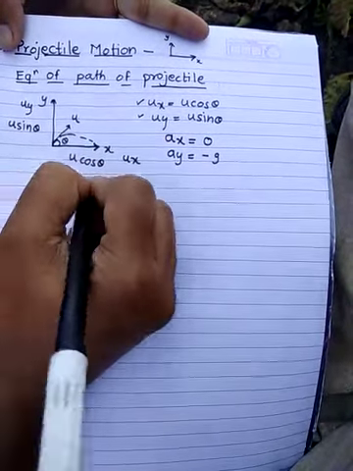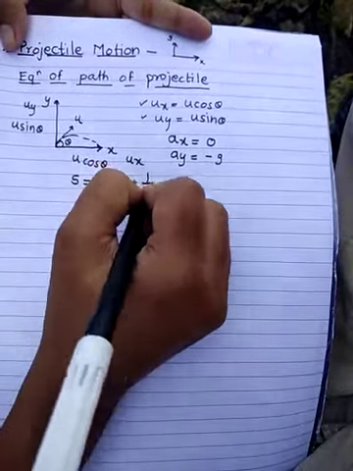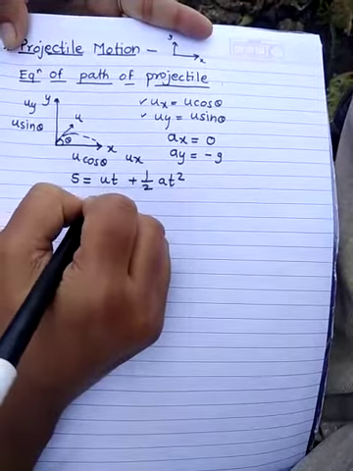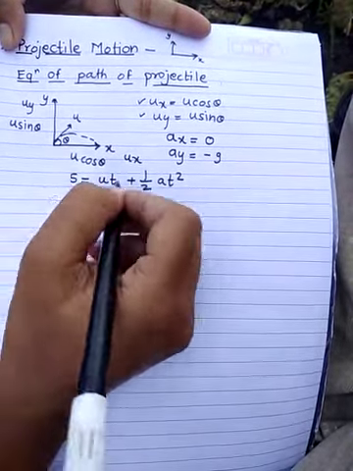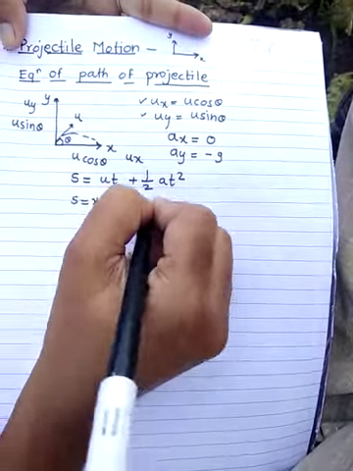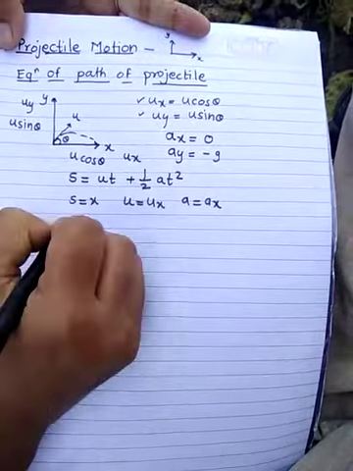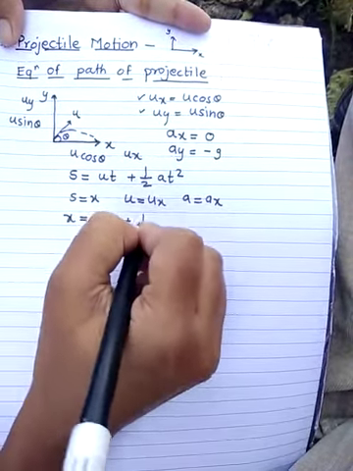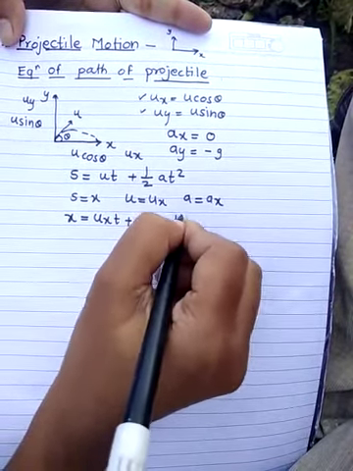For that we are considering the second kinematical equation, s equals ut plus half at square. We put s equals x because we want the equation for x, u as ux, and a as ax. So x equals ux t plus half ax t square.